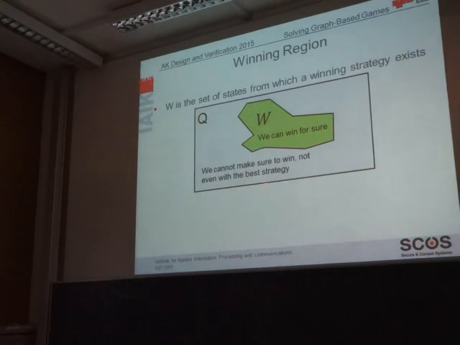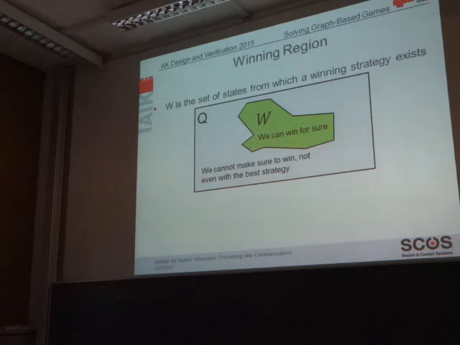Let's say this box here represents the set of all states in the game. This is usually written as Q. Now, the winning region is a subset of this set of states. And the meaning is that whenever we start our game in one of these green states here, then we have a strategy to always win the game, no matter how the evil guy behaves.